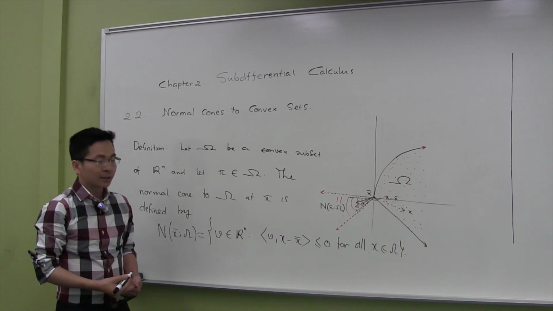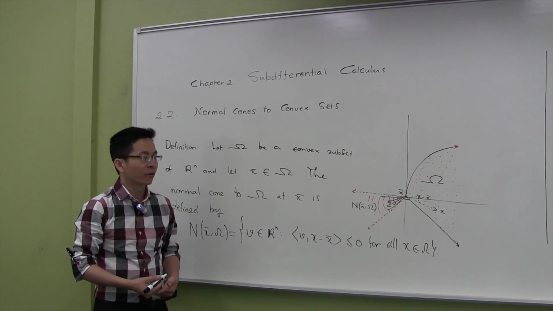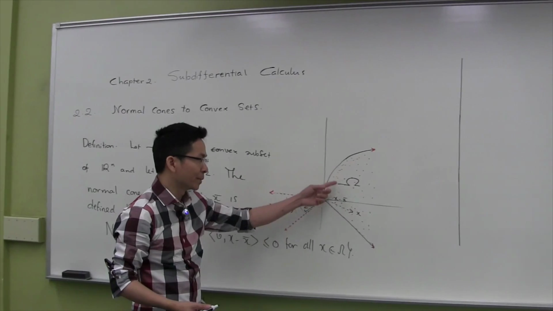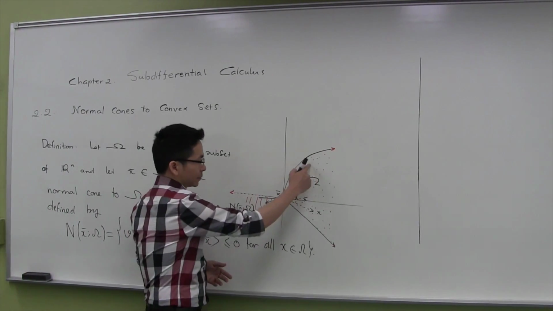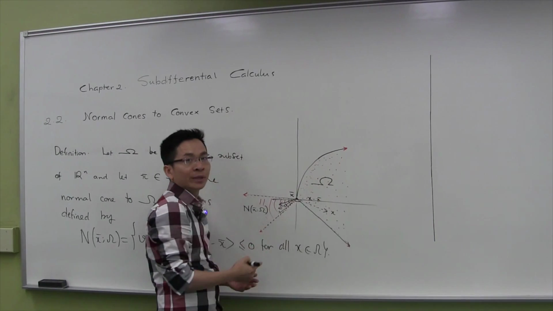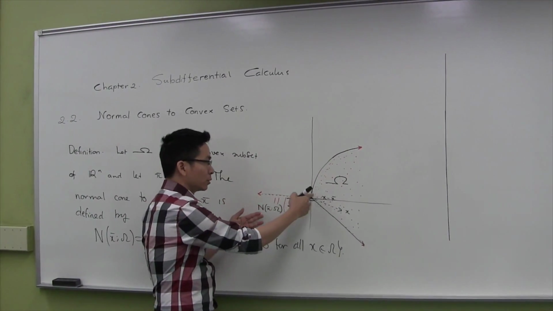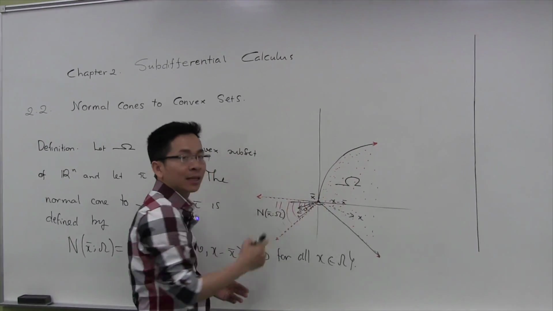So let me present an example of the normal cone to a convex set. Here is the set omega, and here is x bar. x bar is a point in omega, and here is the normal cone to the set omega at x bar.